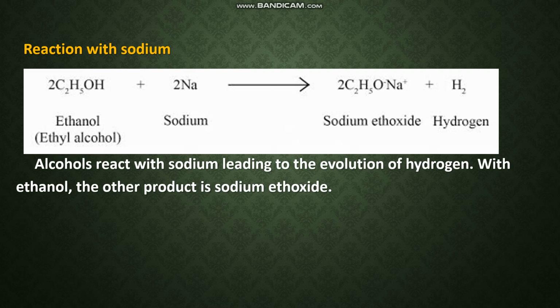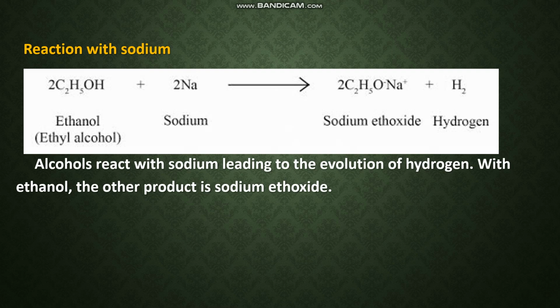So alcohols react with sodium leading to the evolution of hydrogen. Any alcohol, we have learnt already, if you are learning one compound in a homologous series, that is applicable for all the members of that homologous series, because all the members of a homologous series have the same chemical properties.